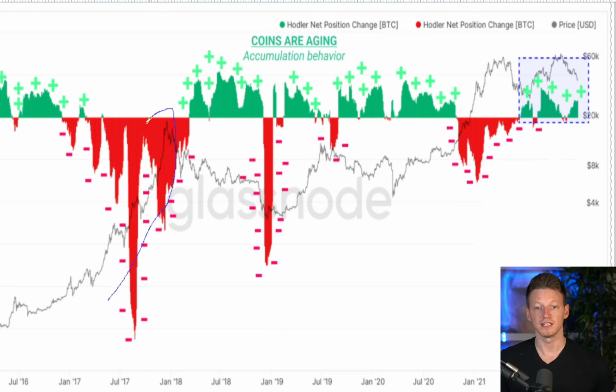Then in these bull markets, like you saw in 2021 and 2017, you have massive coin destruction. So the long-term holders are selling their coins. That leaves us with, well, where are we at now? And this is what's happened right now. And you can see that basically it's as simple as this.